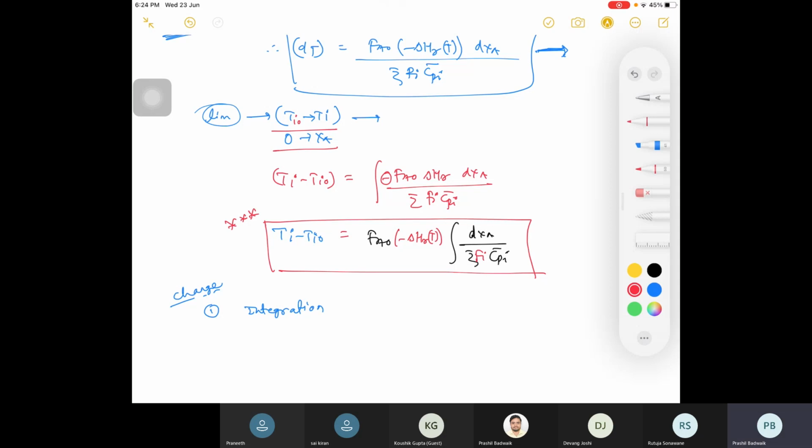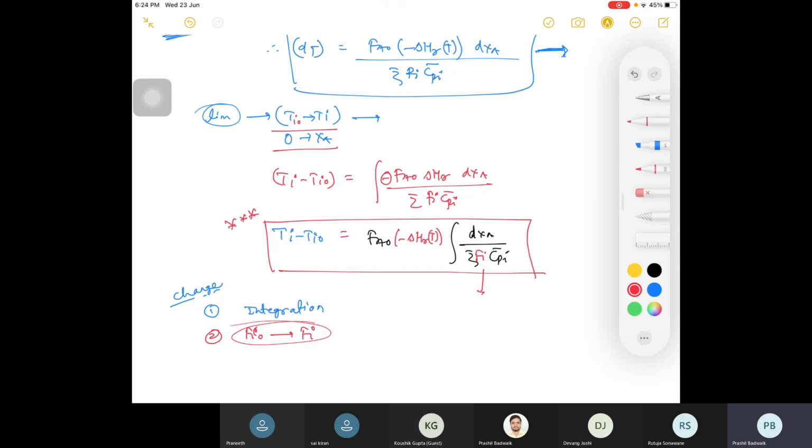Fi or Fi not? In CSTR it was Fi not. What has changed here? Yes, Fi not is replaced by your Fi only. The rest of the equation is the same, right? Yes, sir, the whole equation is the same.